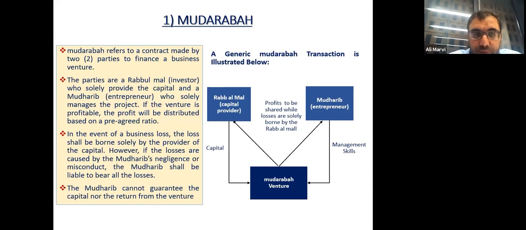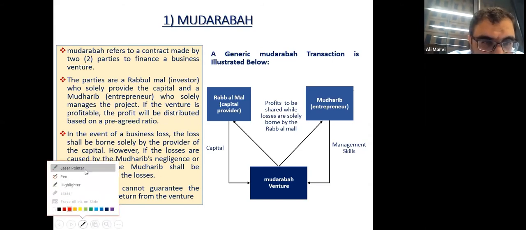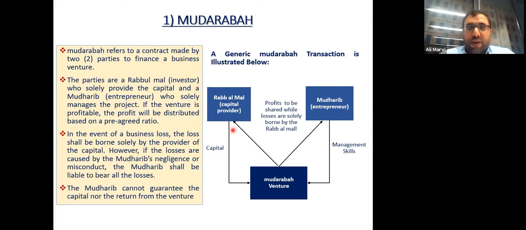Let me activate this laser pointer. Okay. We have the capital provider, which is called Rabb al-Mal in the Arabic language, or Sahib Sarmaye in Farsi. But I know that you're not familiar with Farsi or Arabic, so that's capital provider or Rabb al-Mal.